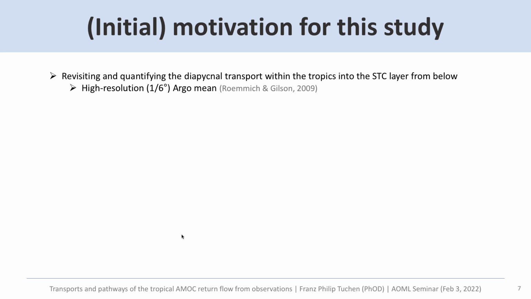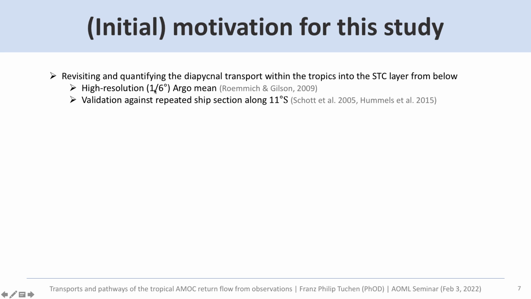So before it was always a 1 degree monthly varying field, but now they also provide a high resolution mean field. And the first thing, because we saw the 1 degree product had its problems with representing the western boundary circulation, was to validate this high resolution product against repeated ship section data at 11 south.